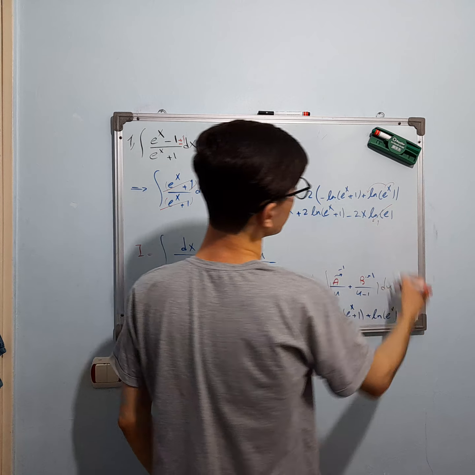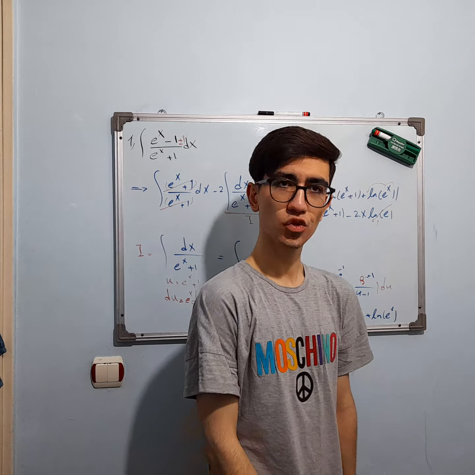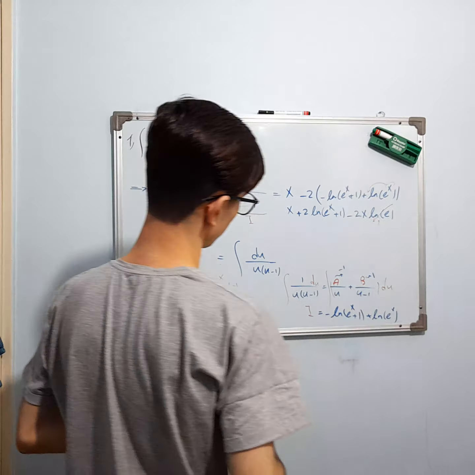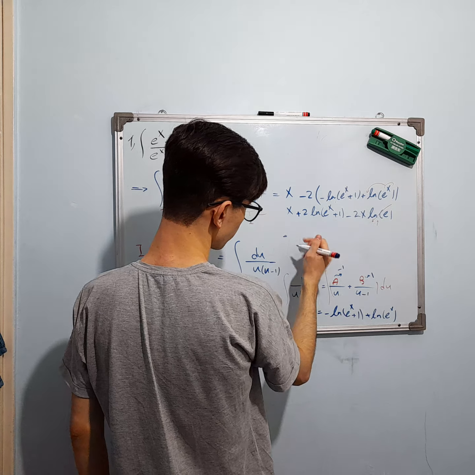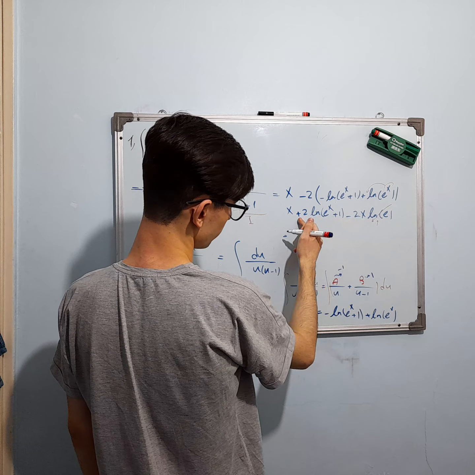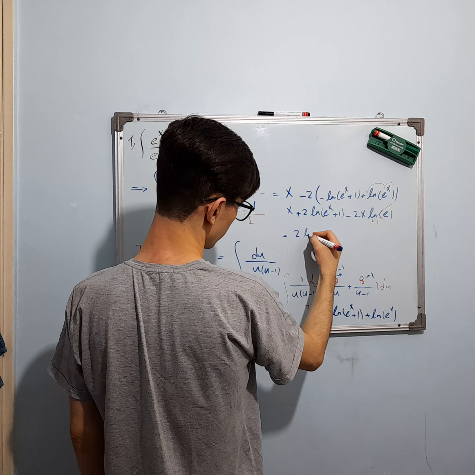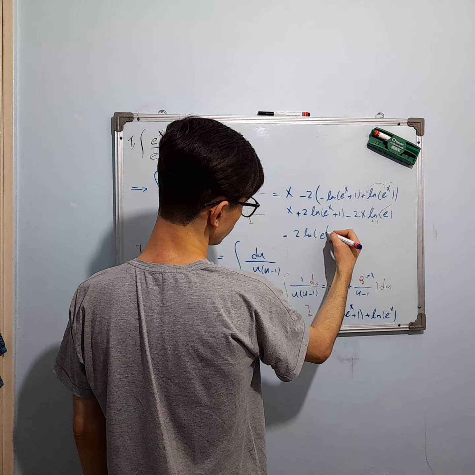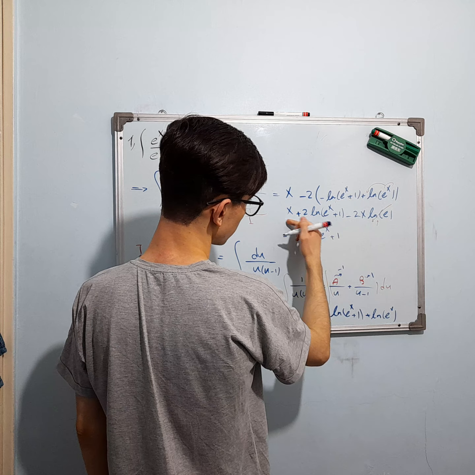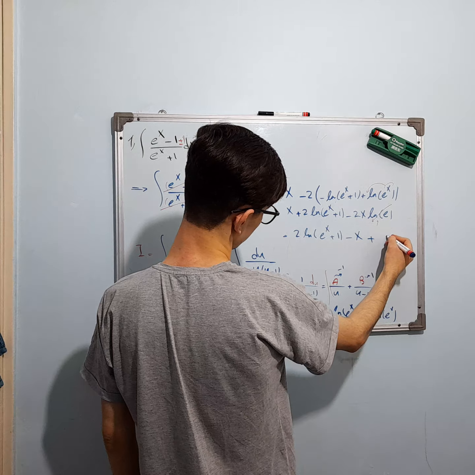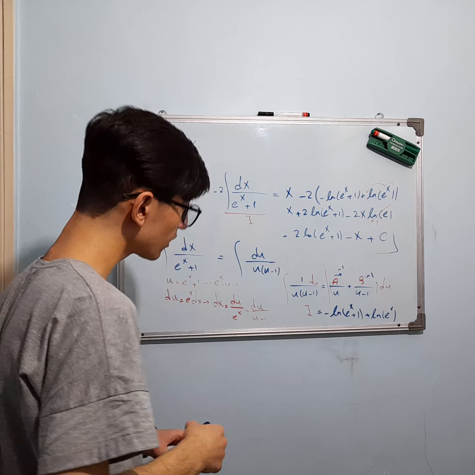If you draw its graph, you will see that it's correct. So now we have x minus 2x plus 2 natural logarithm of e to the x plus 1. So 2 natural logarithm of e to the x plus 1 minus x, and don't forget the c. It's clear?